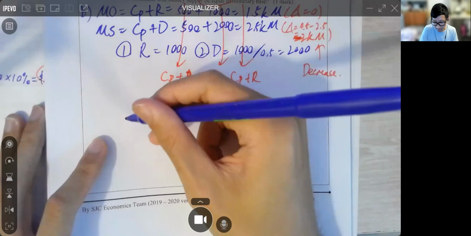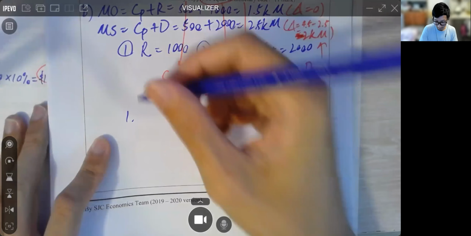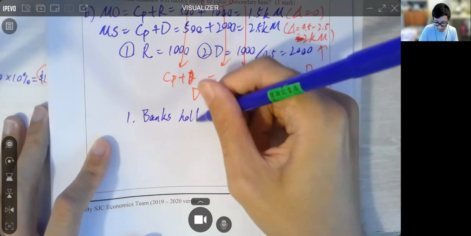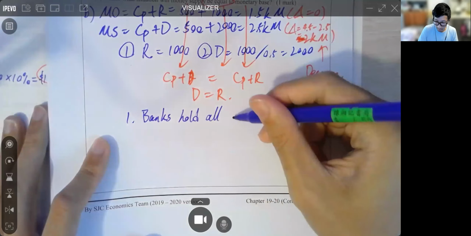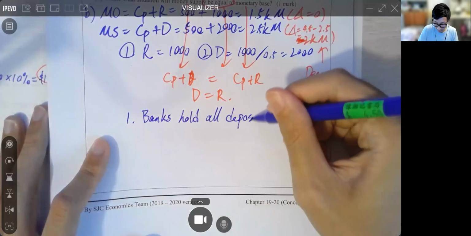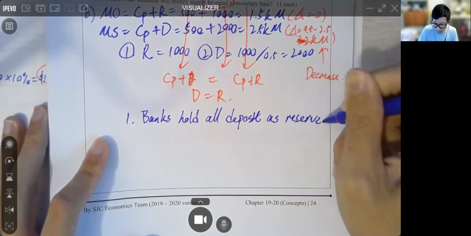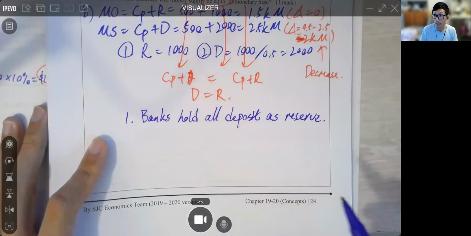Okay. One, banks hold all deposit as reserve. In other words, banks do not loan out any reserve.